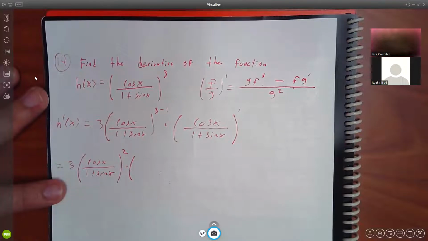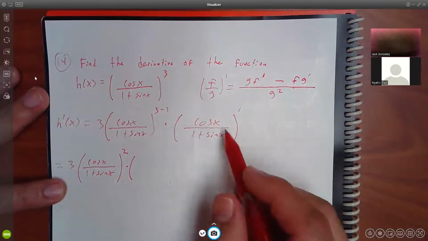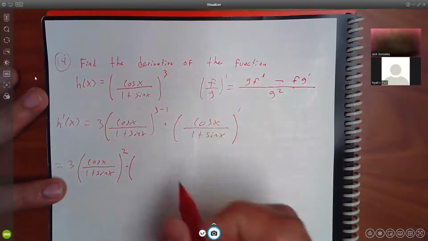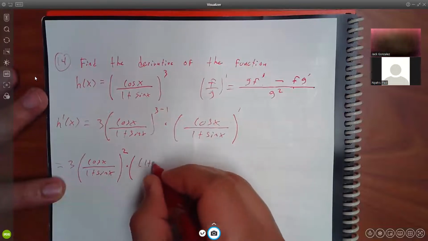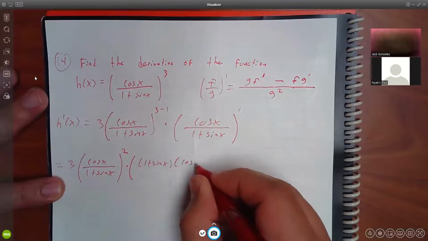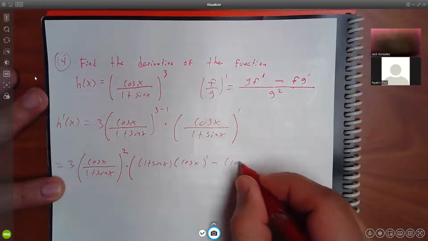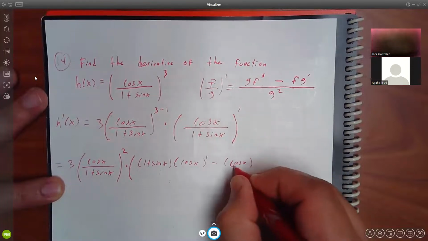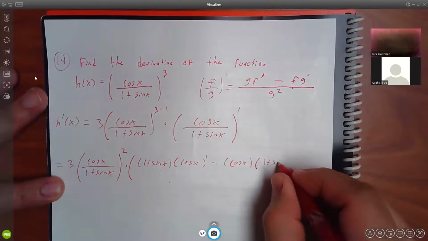Quotient rule time. So derivative of the top times the bottom, right? So that would be 1 plus sine times the cosine derivative, minus cosine times the 1 plus sine derivative.